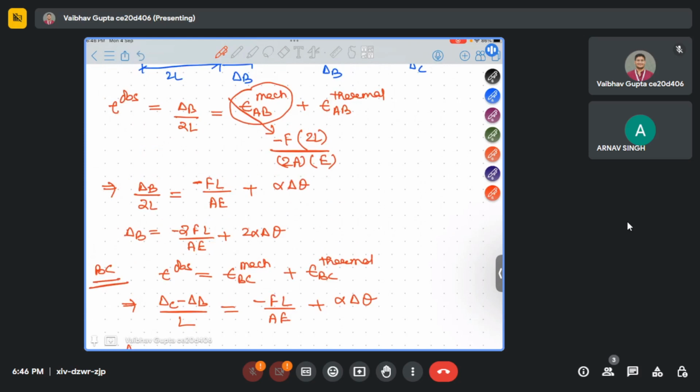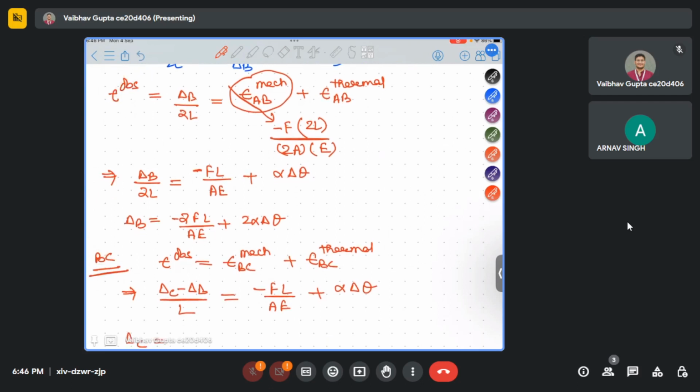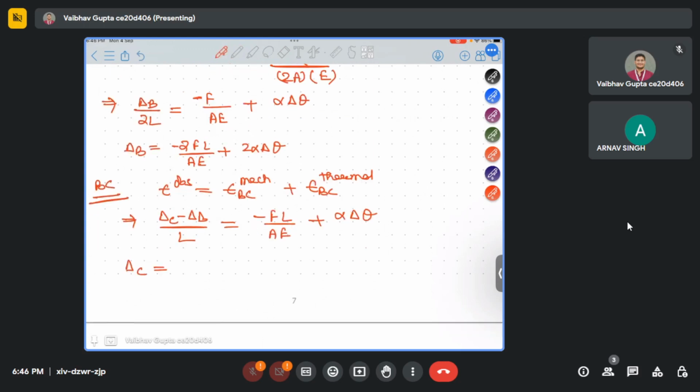Can anyone tell what? I am taking the change in length by the original length, so L won't be there twice. If I am taking L here, it won't be there; I cannot take it two times.